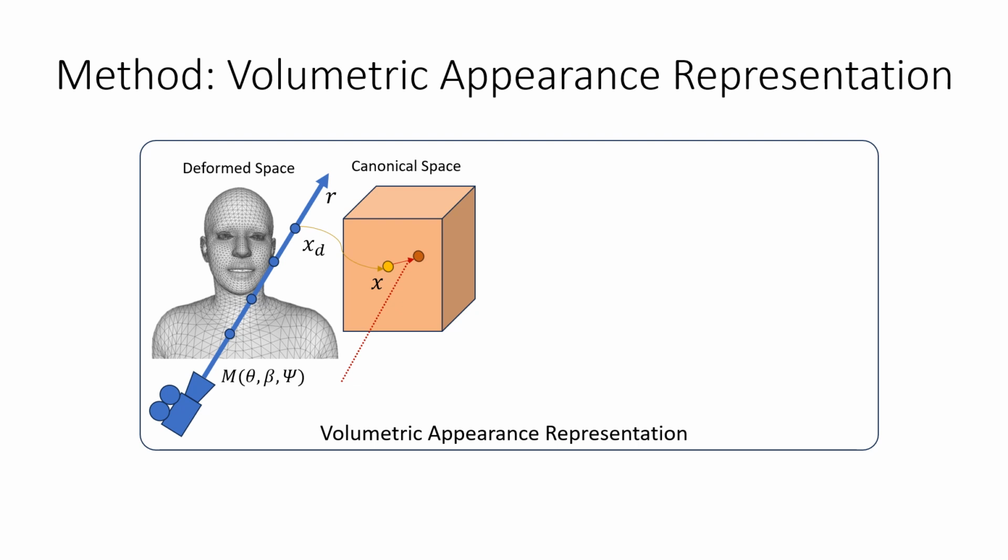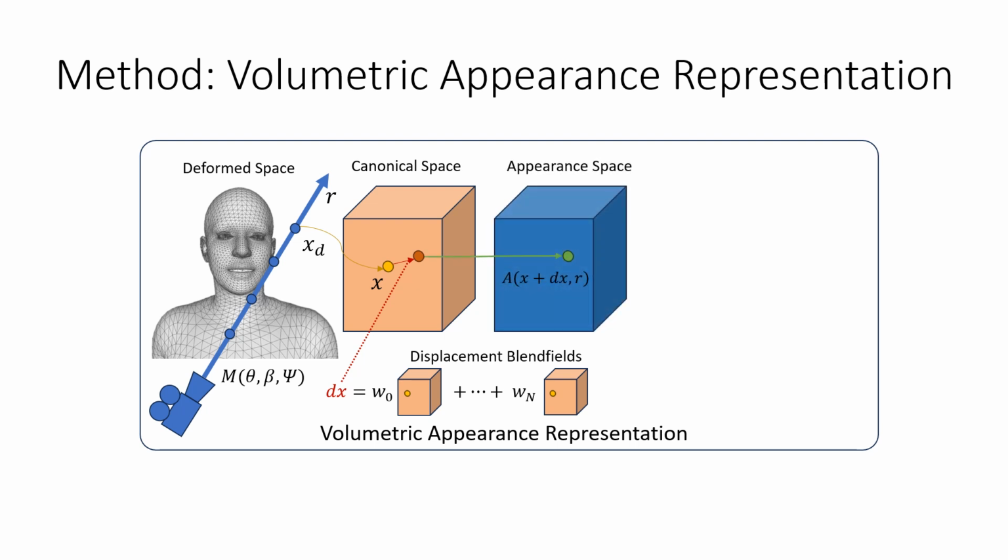The resulting canonical point, however, cannot model fine deformations like expressions, so we introduce displacement blend fields in the form of volumetric feature grids corresponding to different expression states. These feature grids are queried individually by the deformation network, outputting different displacements, which are then linearly combined to produce a final displacement dx, which is then offset to the canonical point x.